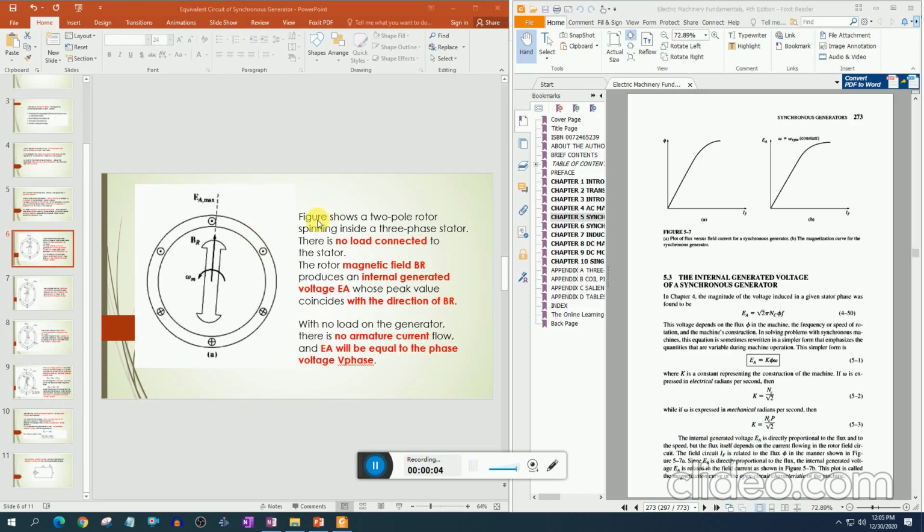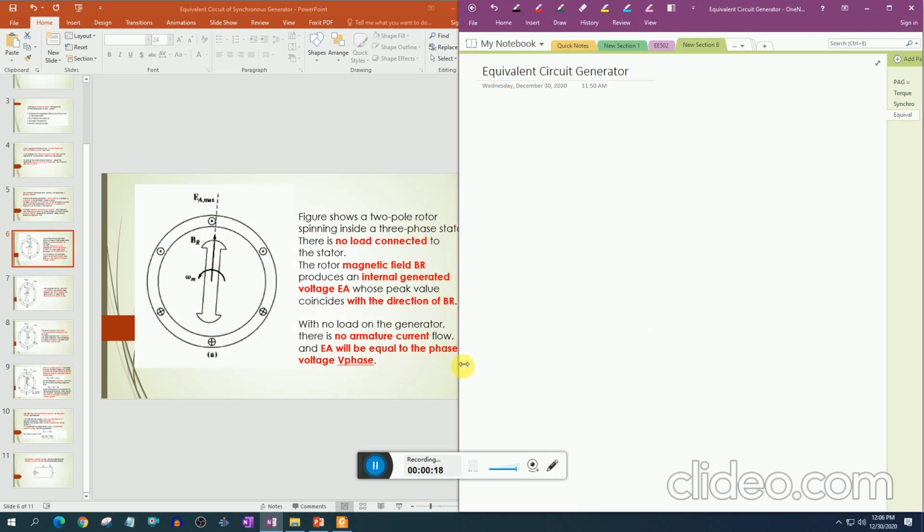Now this figure shows a two-pole rotor spinning inside a three-phase stator. This is the two-pole rotor and this is the stator. Okay, I'm going to draw it here.